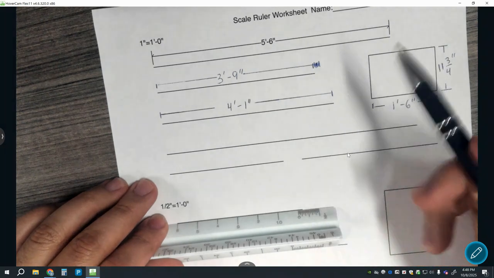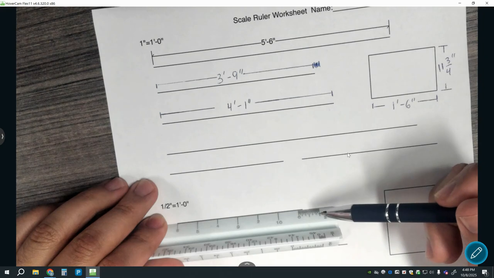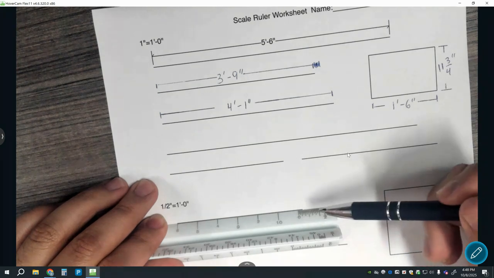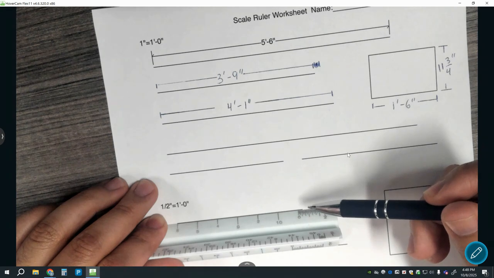And now we have no numbers here, but the same concept applies. That's 0, and this large line over here at the very end is 12. If that's 0 and this is 12, then this big line right here in the middle is halfway between 0 and 12, which means this is 6. So this is 6 inches.